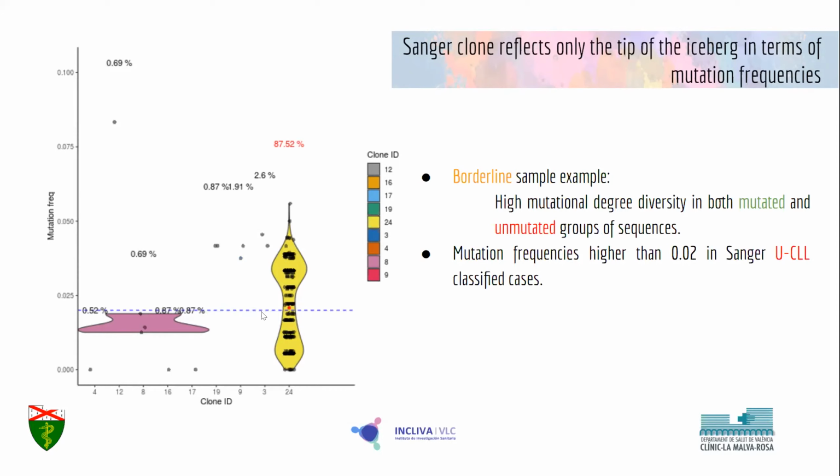And we see that we have both more mutated and less mutated sequences on both sides in the same clone. So we are only seeing a little part of it when we characterize only with the Sanger sequence.